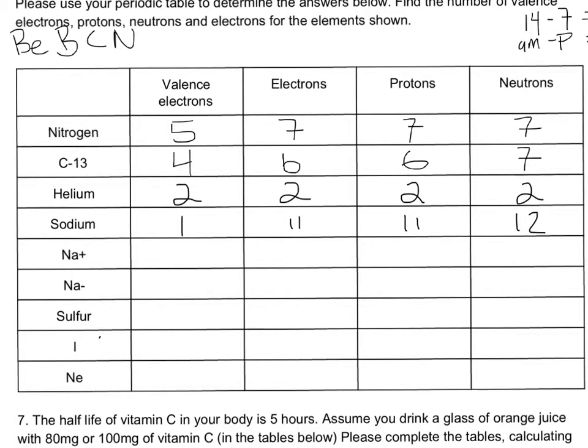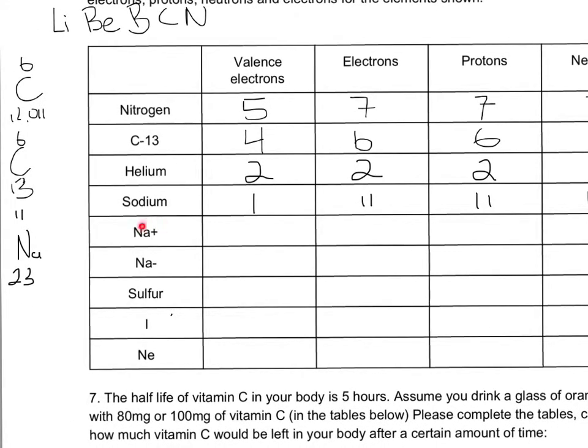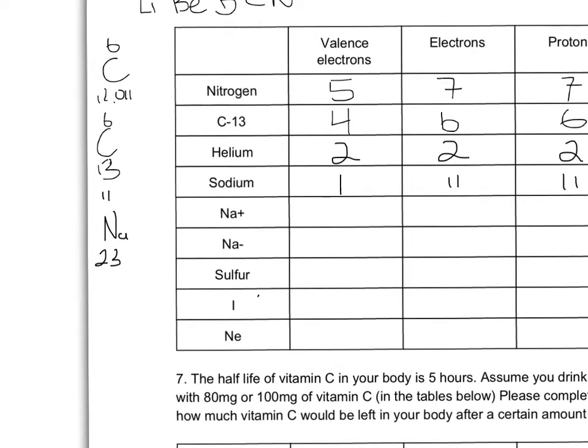Now this is indicating an ion, Na plus and Na minus. Our normal sodium has 11 electrons and 11 protons, so the charge is balanced. We're going to say charge is 0. But when we have this situation, this is indicating that the charge is plus 1. If the charge is plus 1, that means that it is missing an electron.